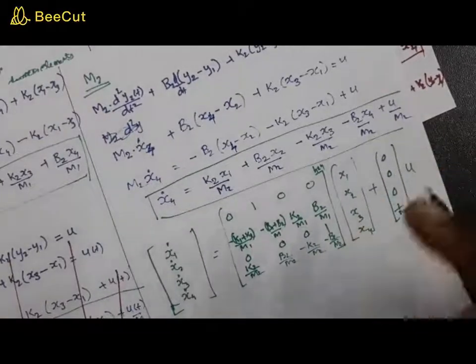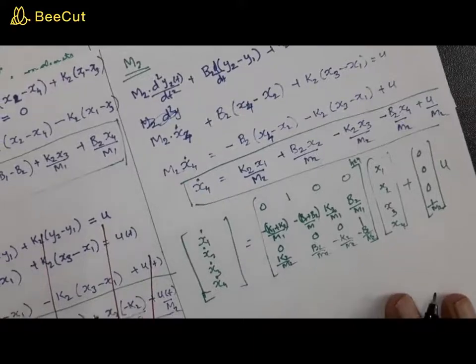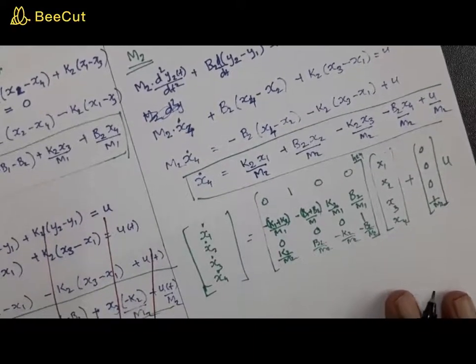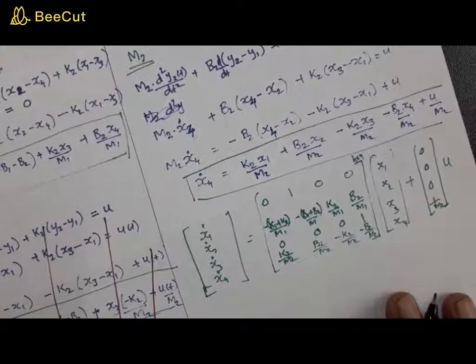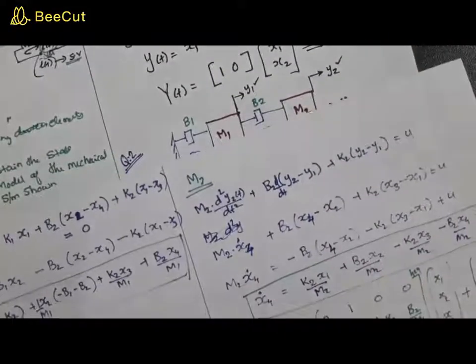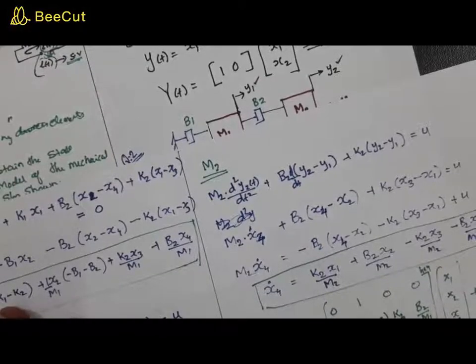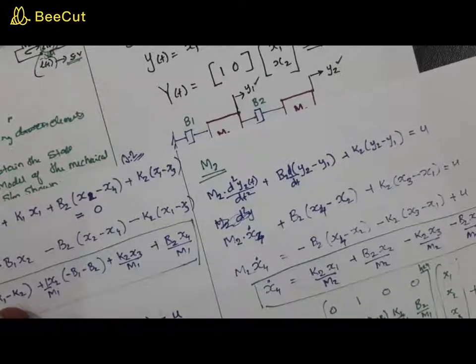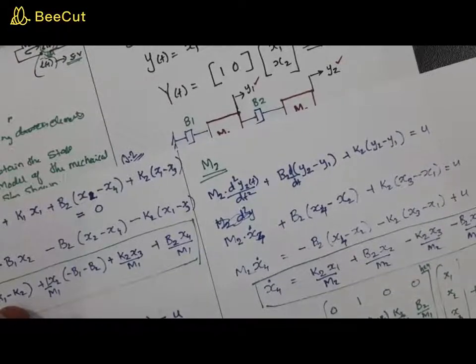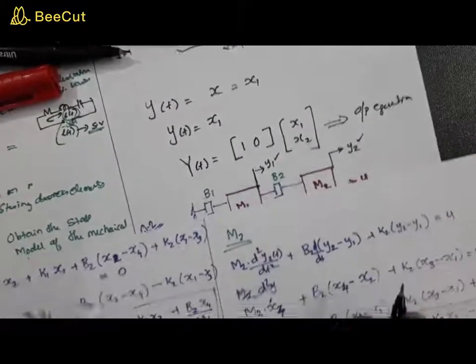So this one is called the state equation of that system. Now what can you say about the output? It is left to us. See, y1 and y2 are both outputs. You can take either y1 or y2 as output.